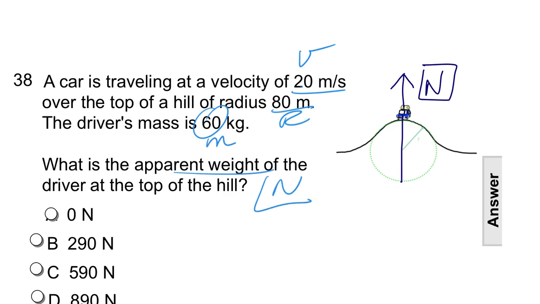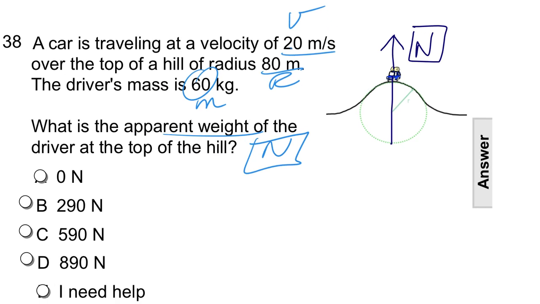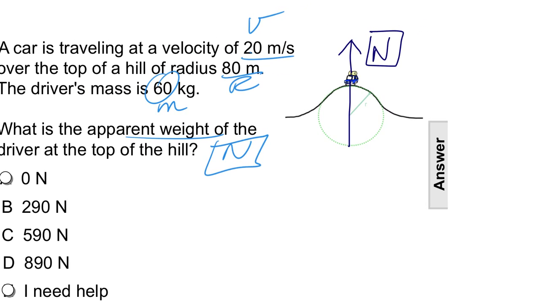That's the normal force of the driver at the top of the hill. So I look at this. This is the top of the hill. So my equation is FC, the net force, the centripetal force, has to be downward.